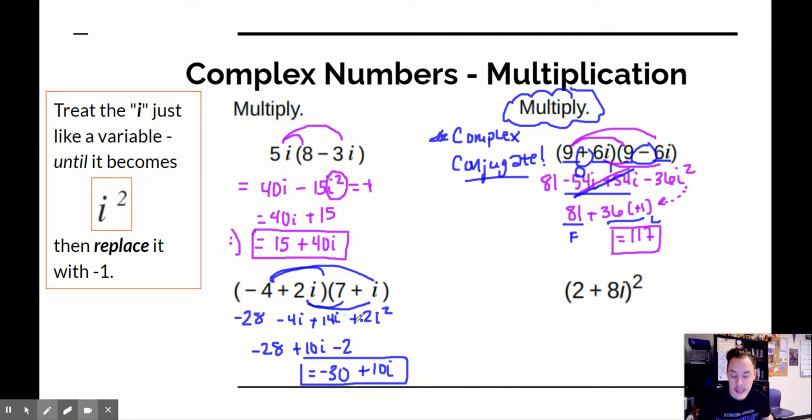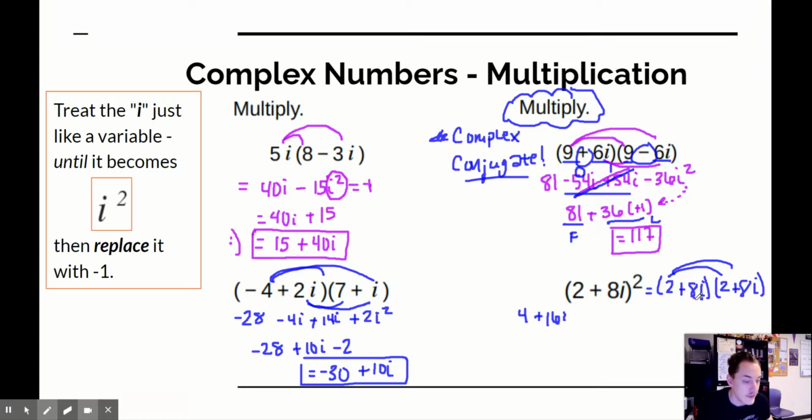Okay, now, what do I have here? This is just duplicated, so what this means is literally just 2 plus 8i, and then 2 plus 8i. That's what that means. So let's simplify this. 2 times 2 is 4, and then I have 2 times 8i, that's going to be 16i.